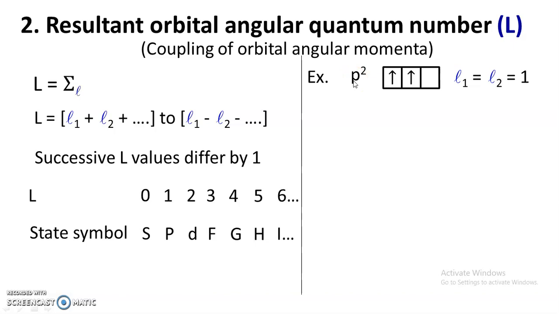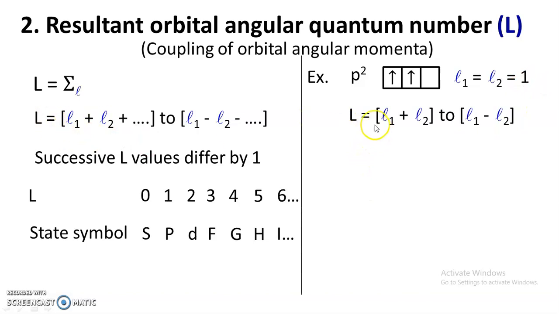For the s subshell l is equal to 0, for the d subshell l is equal to 2, for the f subshell l is equal to 3. And therefore when these two electrons are present in the p subshell, the value of l is 1.